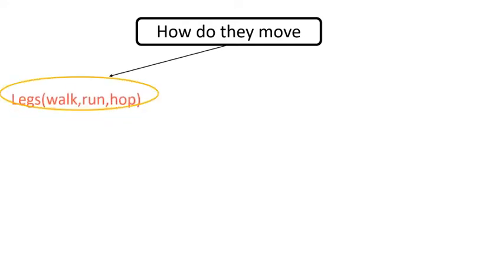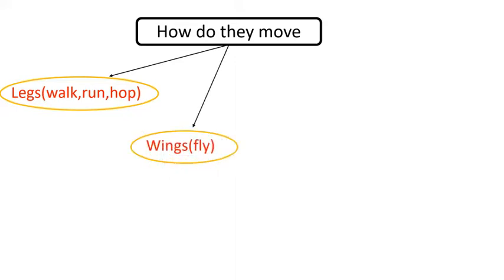Yes, some animals take the help of their legs to move, and they move in different ways. Like some animals walk, run, hop, etc. Some animals use their wings to fly and move from one place to another, like birds.